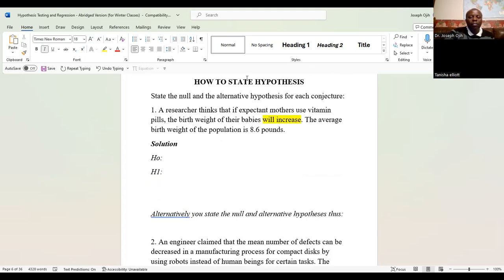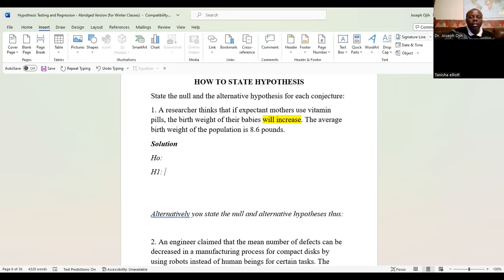So that means we have the mean greater than 8.6 pounds, which is the claim that he or she is making. Then the null hypothesis says the opposite, that the mean will be less than 8.6 pounds.